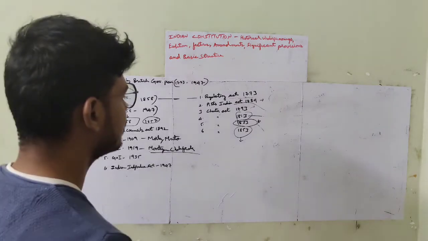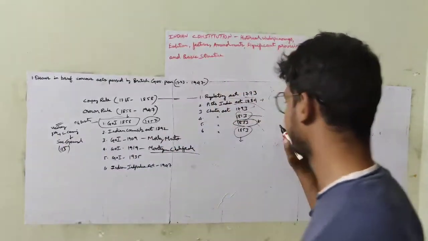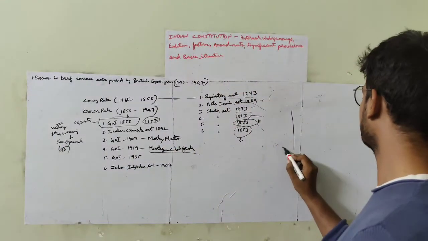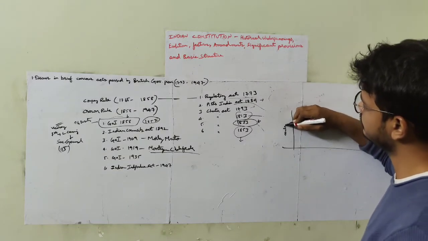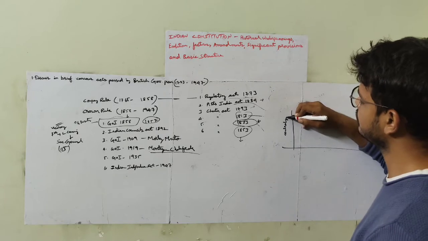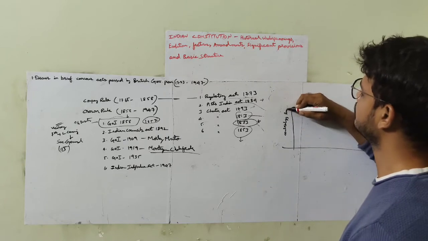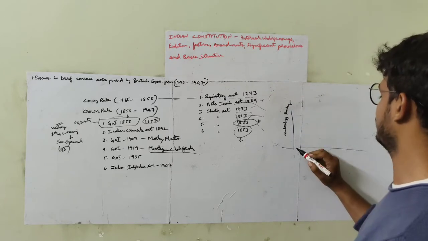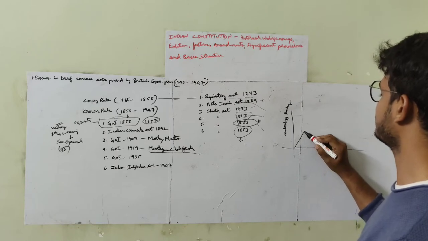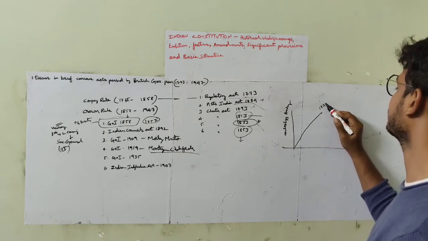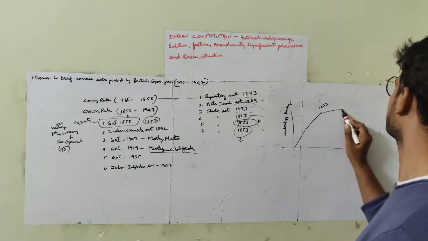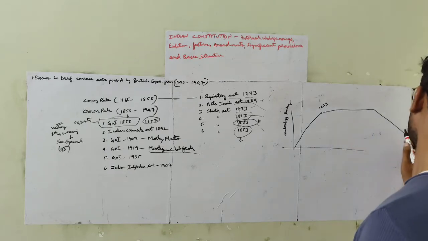So see, there is a graph. This is the centralizing tendency. So it started centralizing up to the Act of 1833, and it was constant, and it started negating here.